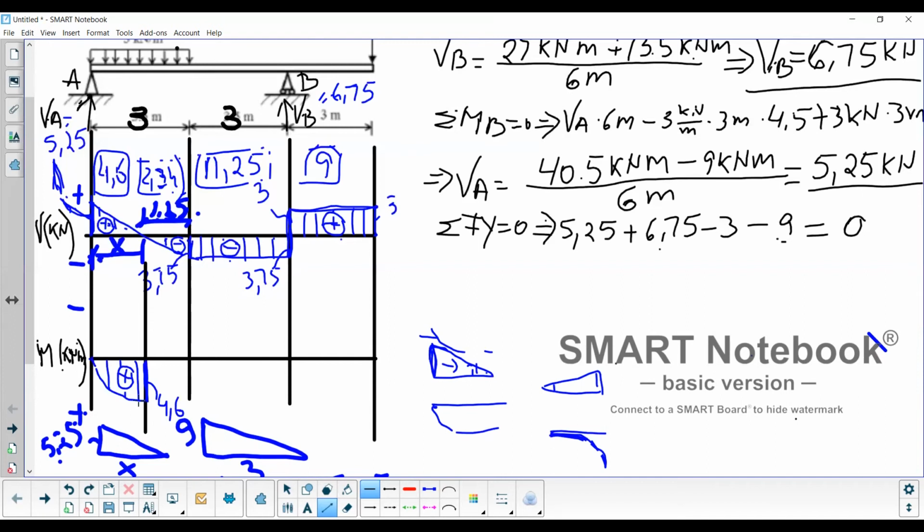Now, moving forward on the next section here, we have the area of this triangle is 234, which means 4.6 minus 234 is going to land me at 226, still here on the positive direction.